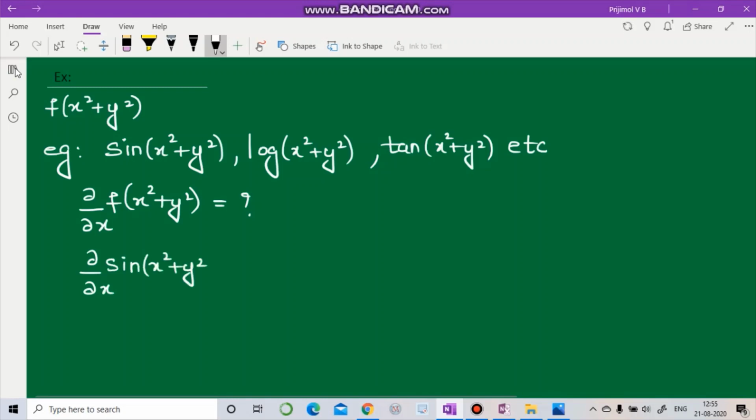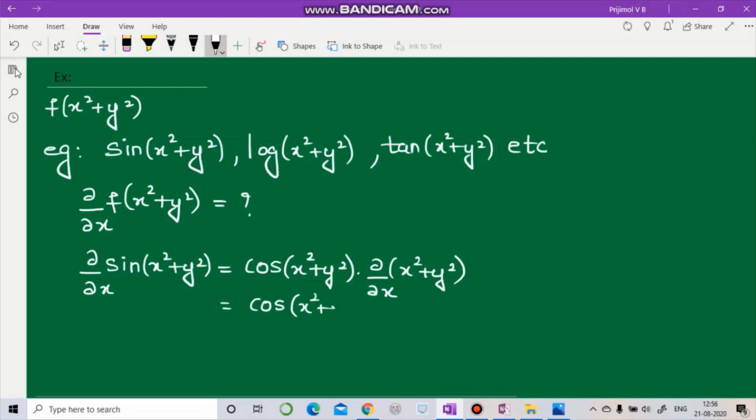Differentiating sine of x square plus y square gives cos of x square plus y square, and you have to differentiate x square plus y square again with respect to x, which is 2x. Likewise, the differentiation of f of x square plus y square is f dash of x square plus y square, and x square plus y square you have to differentiate again, which is 2x. I hope it is clear now.